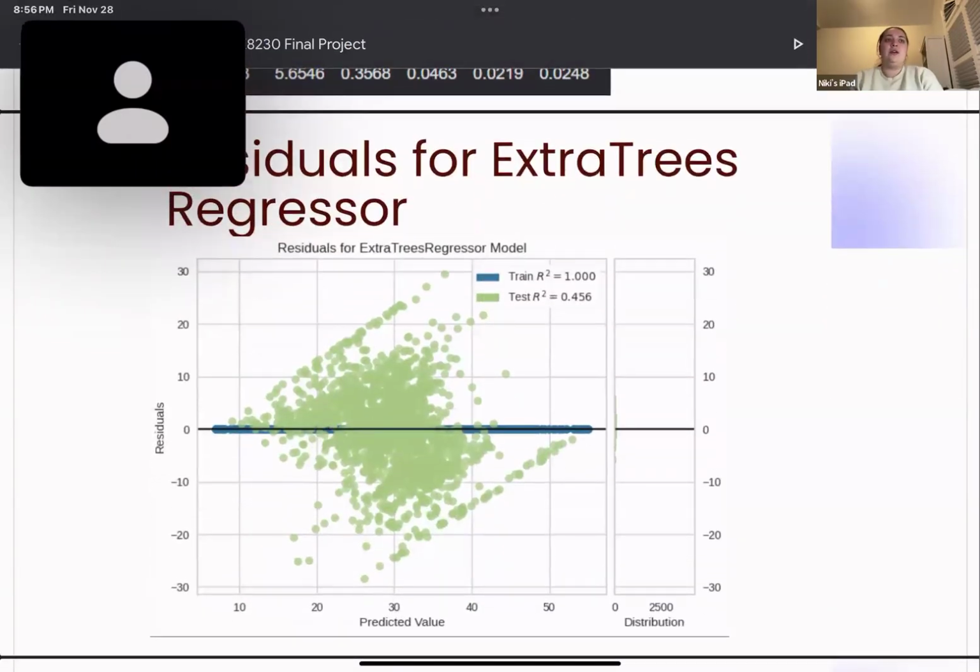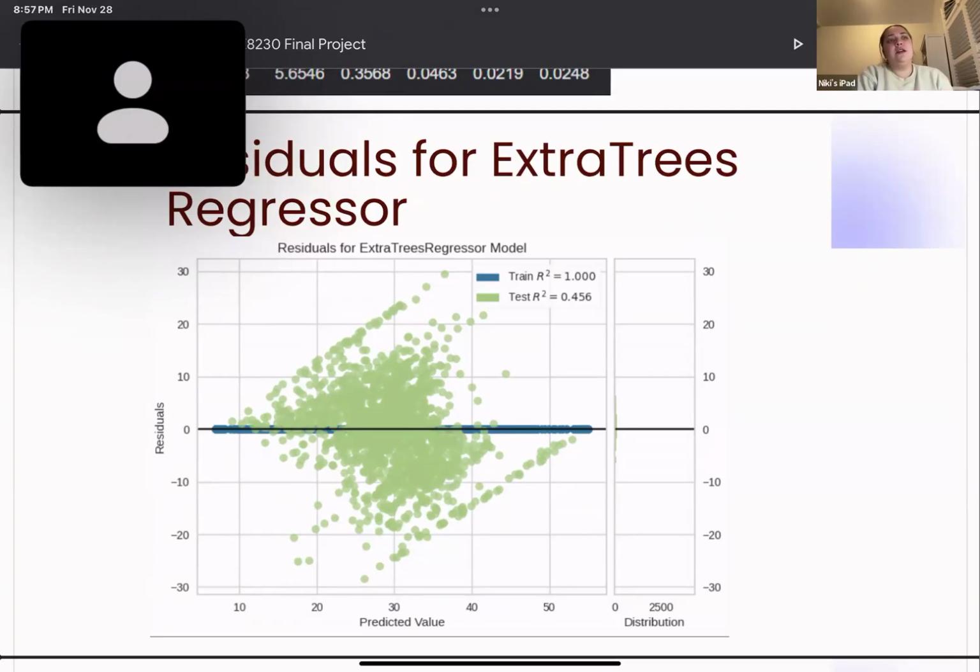Here, you can see the residual plot for the extra trees regressor, which was the best model. Each point is one prediction. The x-axis is the predicted UPDRS score, and the y-axis is the error, which is the residual.